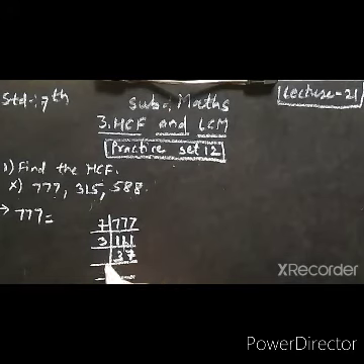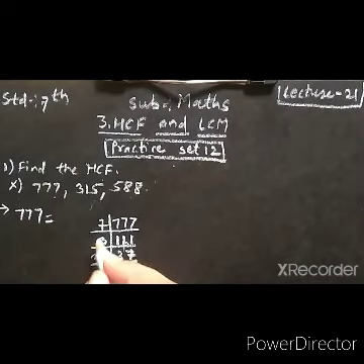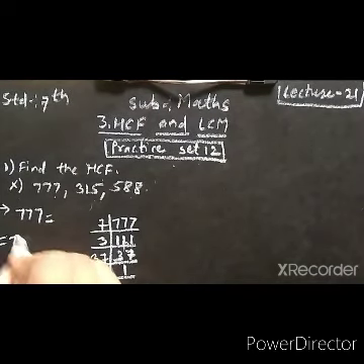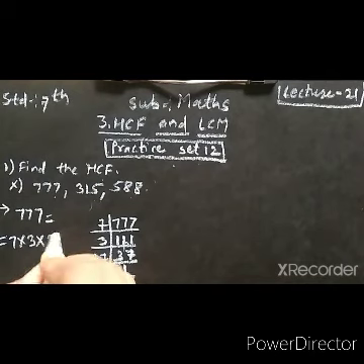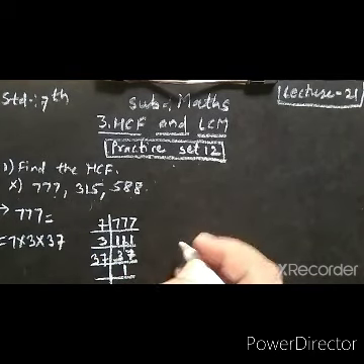Now see here, 37, which is a prime number and which is divisible by 1 and 37. So therefore 37 ones are 37. Now we got the factors of 777, that is 7 into 3 into 37.